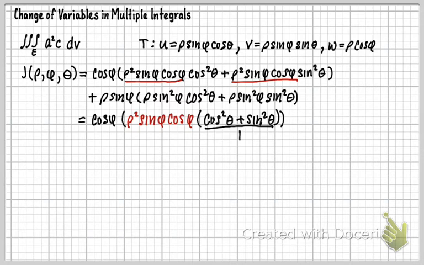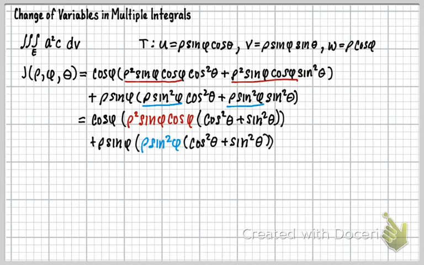So that really simplifies things. And then for the other one, let's take a look at the next one. Out of these two, I can pull a rho sine squared phi out of both of those. And that also equals 1. So now this is going to simplify quickly.